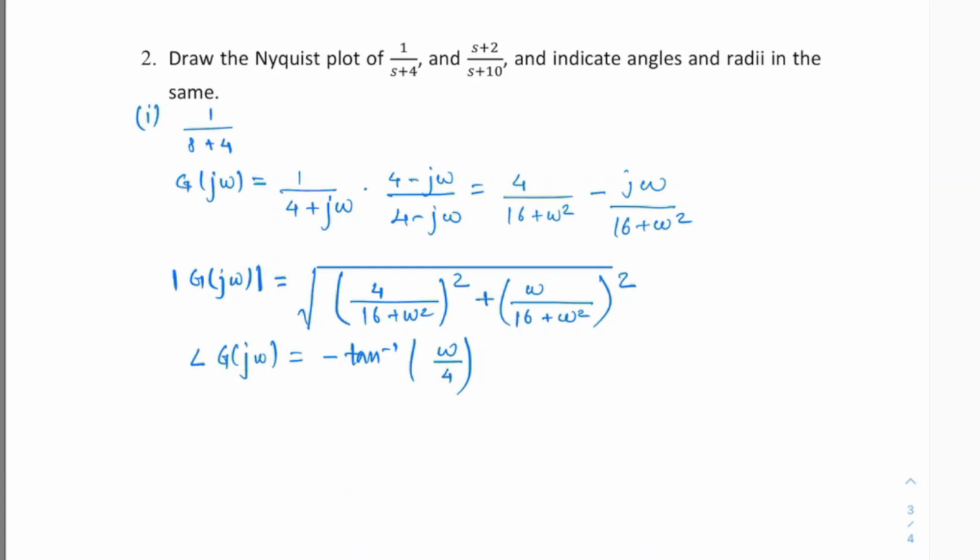So if we take the magnitude of G of j omega, this will be this. And if we write the angle term, since we have s plus 4 in the denominator, it will be omega by 4.